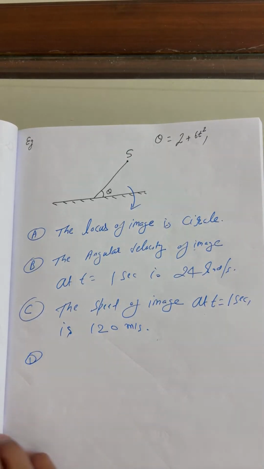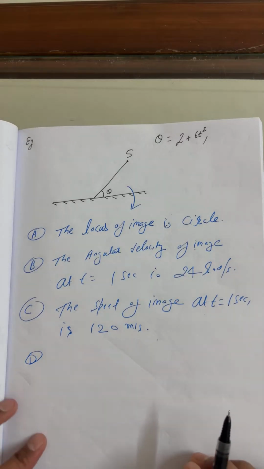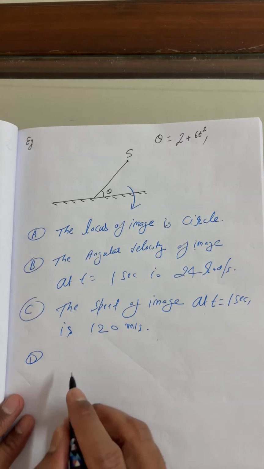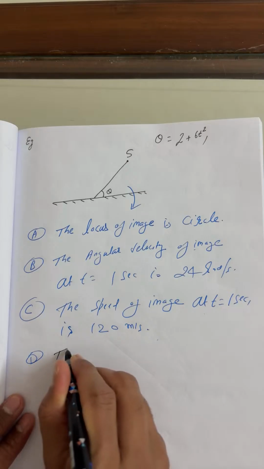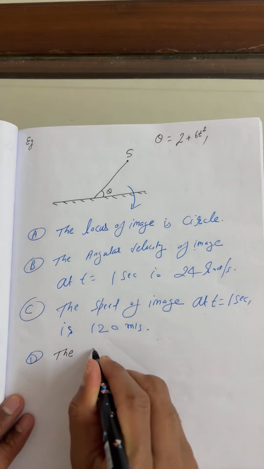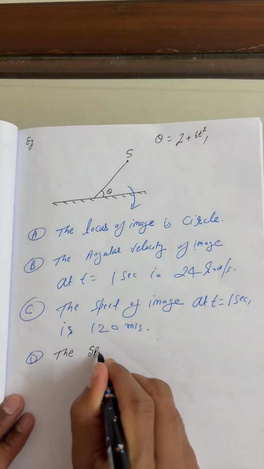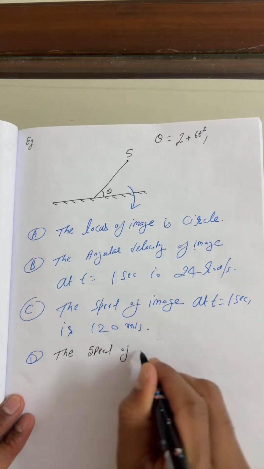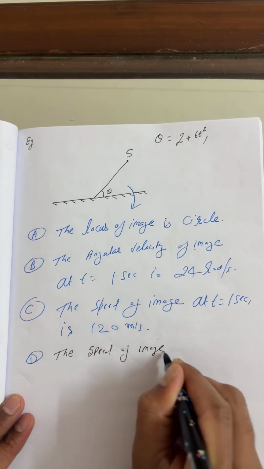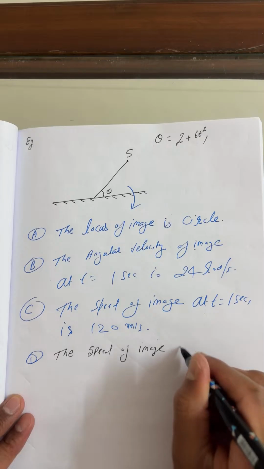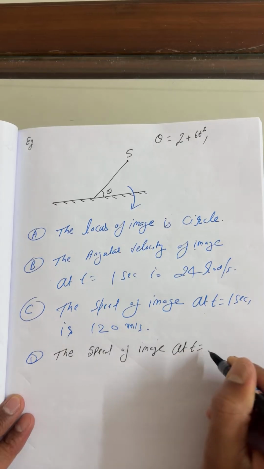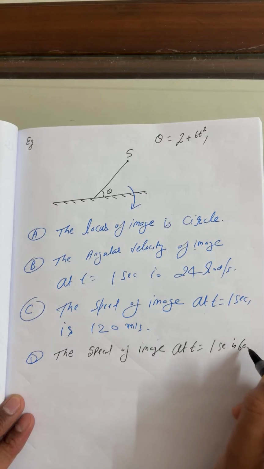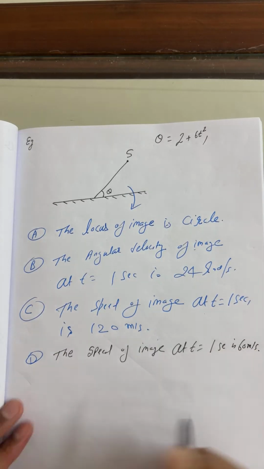Last option is D, beta. The speed of image at t equals 1 second is 60 meter per second.